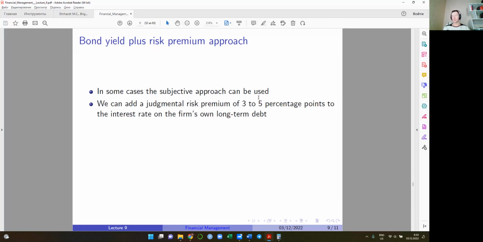Maybe more, it depends on the country. It is not a rule. As I said, it is some subjective approach just to approximately estimate the equity required return if there is no other approach available and possible to apply. So the cost of equity here is estimated as the sum of RD and some risk premium. As I said, 3 to 5% depending on the country.